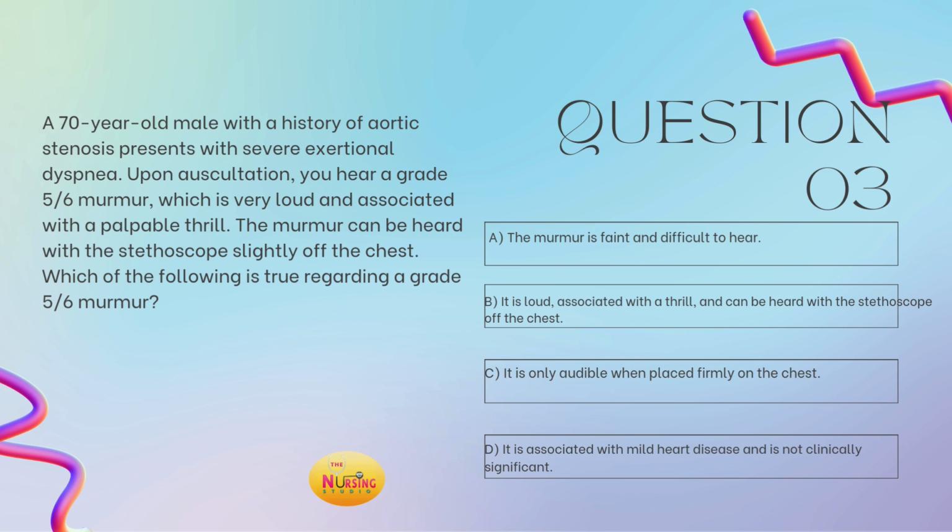So of course, if the intensity of the sound of the murmur is louder, then less is required for the stethoscope, right? Where you can lightly press or firmly press, or it can slightly be off the chest to completely off the chest, depending on how we increase with the murmur grade, okay?